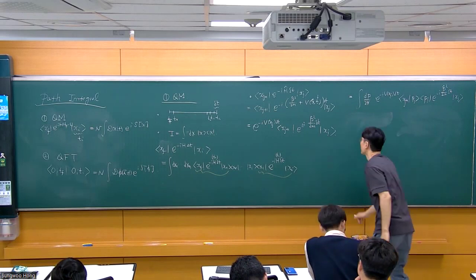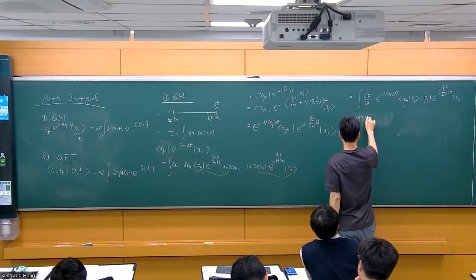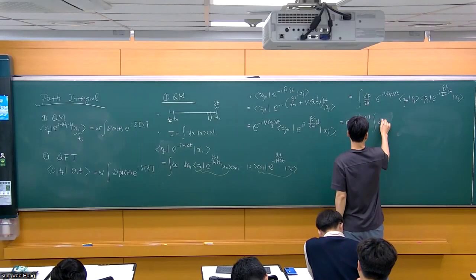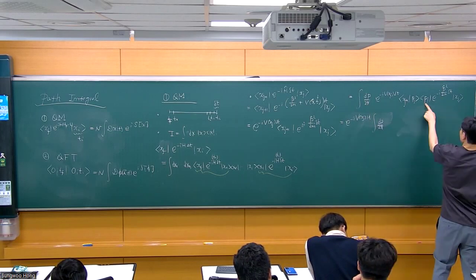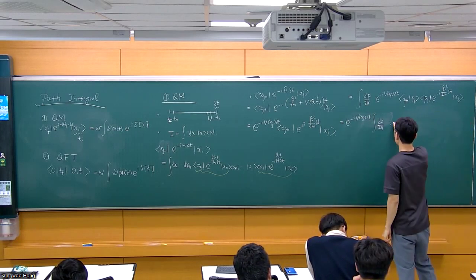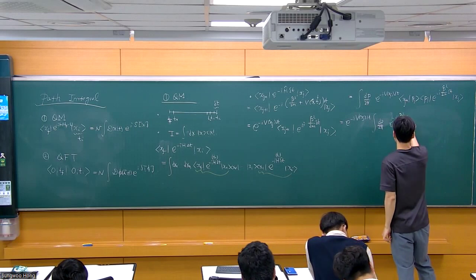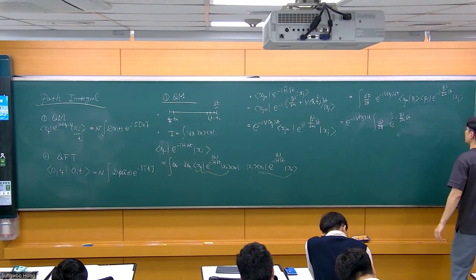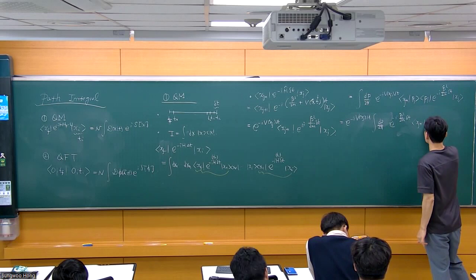That gives you e^{-iV(x_j)Δt}, and then there is the momentum integral. First of all, this is now very easy to evaluate: e^{-i p_j² Δt/2m}. Now this is just a number rather than an operator, and then you have this sandwich of two states.